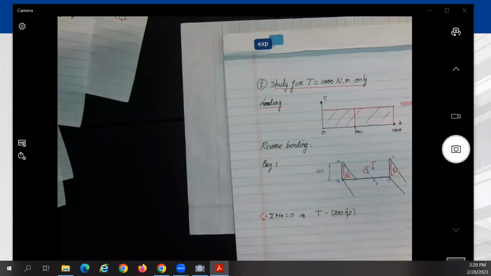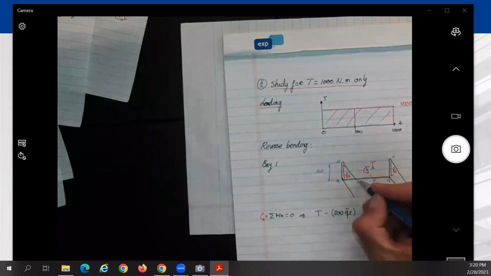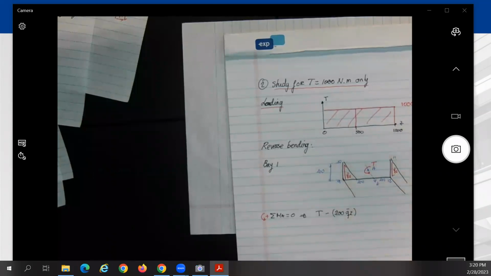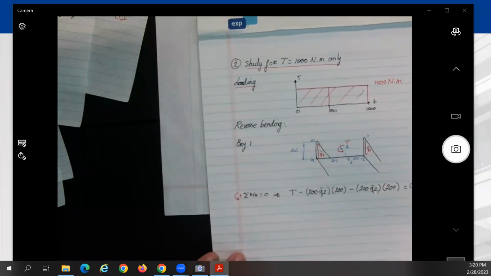What would be the arm? I didn't put it before, but what should be the arm? This was 400, no? So it's right in the middle, so that will be times 200. The other side will be doing the same thing, so minus 200 Q bar 2 times 200. This should be equal to 0.